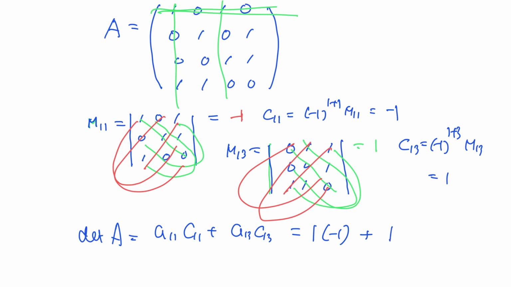A13 is 1. C13 is 1. So it's 0, right? So in this case, determinant A is 0. So can you find the inverse matrix or not? No, right? So the inverse matrix doesn't exist.